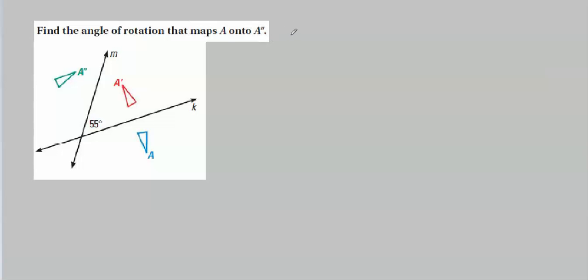Well, this looks to me like one of those cases. This sure looks like a reflection. A prime looks like a reflection of A about this line here. On the other hand, A double prime is a reflection of A about this line here. They're not parallel. They intersect at 55 degrees. So A to A double prime is the same as a reflection, a rotation of 110 degrees.